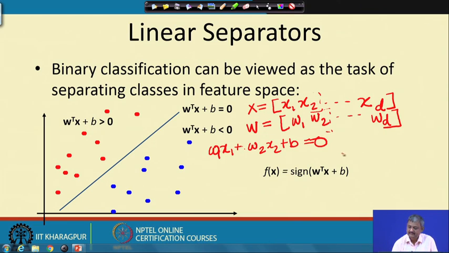So, I can write this as W transpose, the W vector transposed, into the x vector, plus B equals 0. That is the convention I have used in denoting this line.